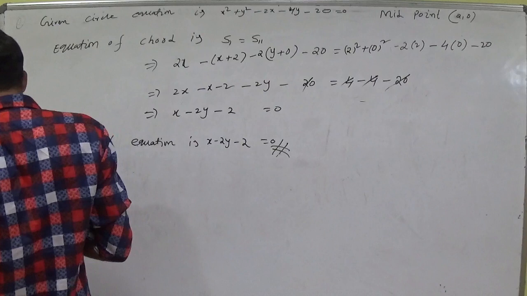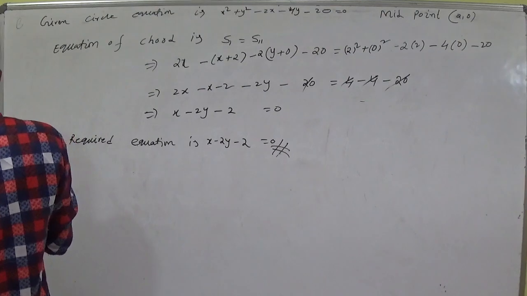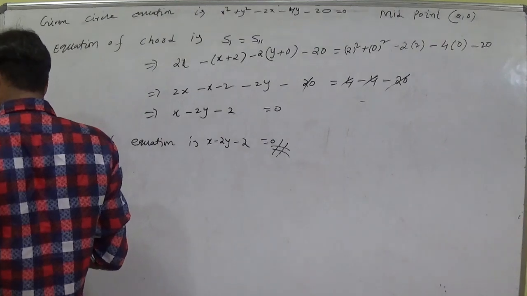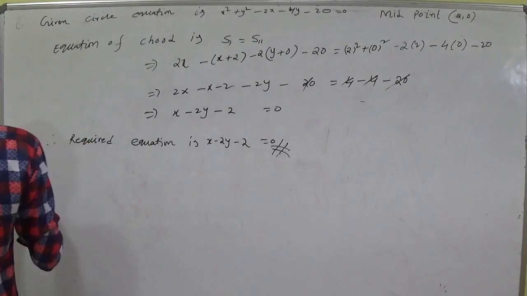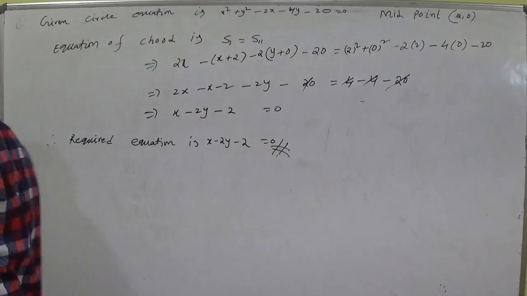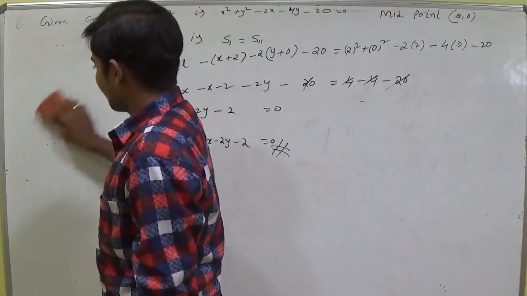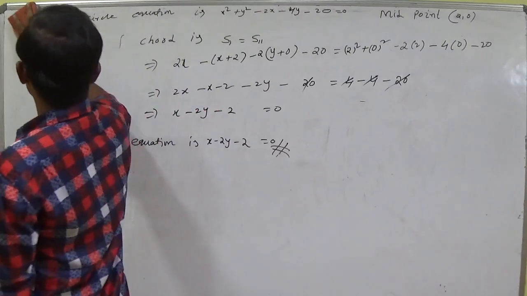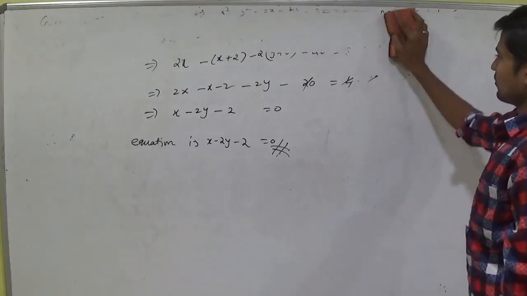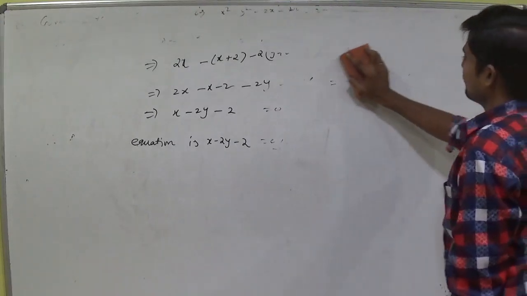See, given circle is... second one, let us write here. The line from the center is perpendicular to the chord.